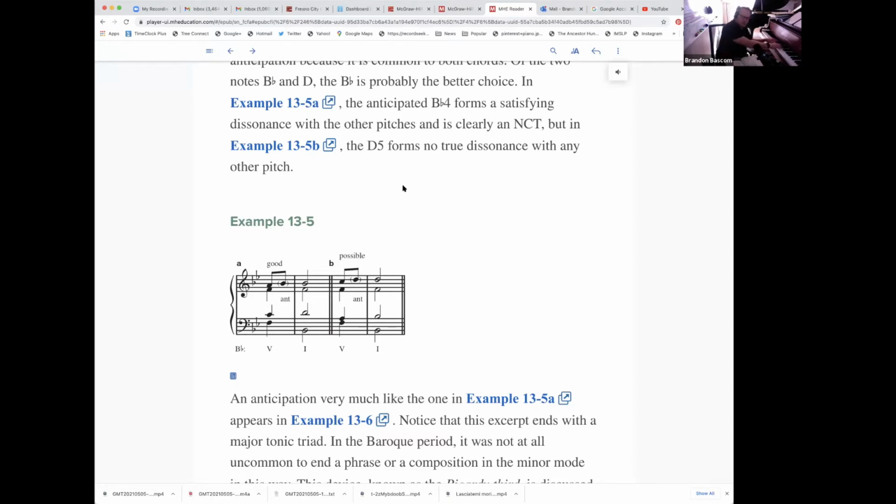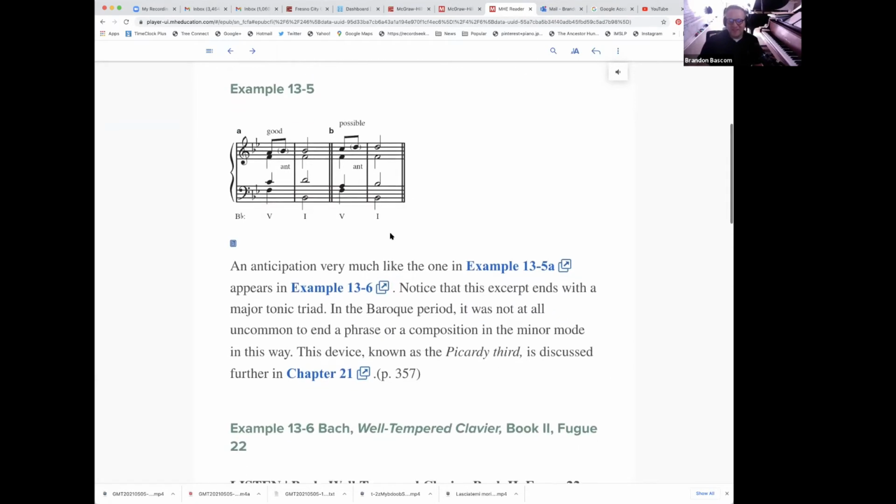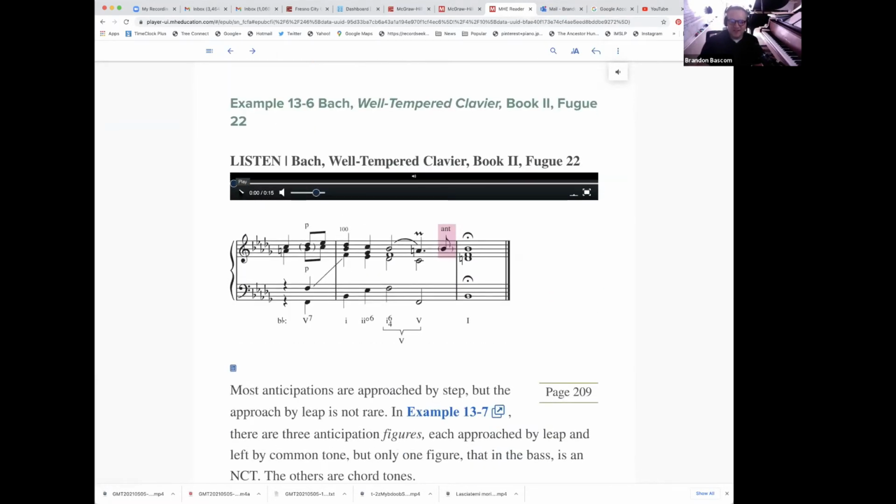Instead of just being that, we have an anticipation. Now this does not count for the violas coming in on the wrong beat. This is actually written into the score, right? No, they're being artistic. A little license. All right. Example 13-6.